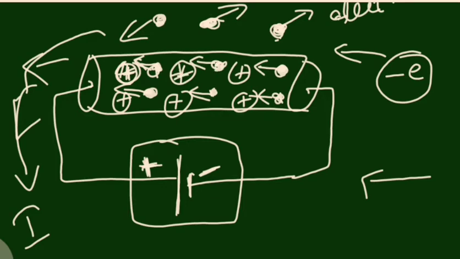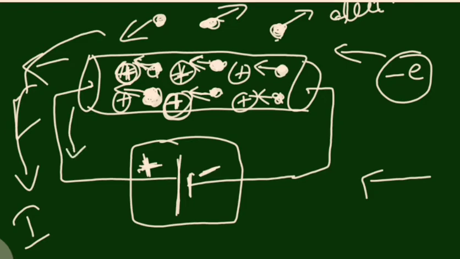While these electrons are drifting through the conductor, they will definitely collide with the positive ions inside. Even though the cell is helping them to increase their speed, when they collide their speed will decrease, or they won't get an acceleration, and they will slowly drift towards the positive end.